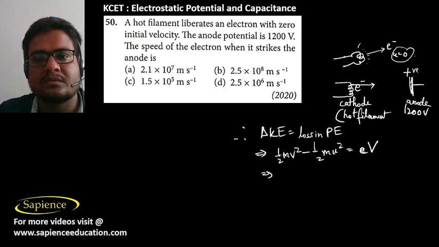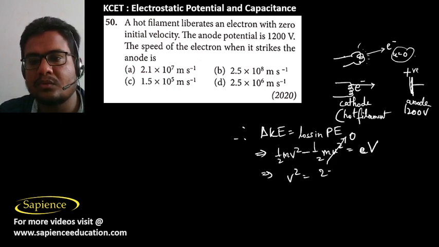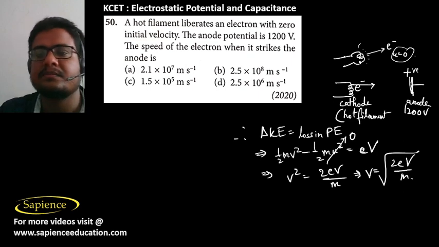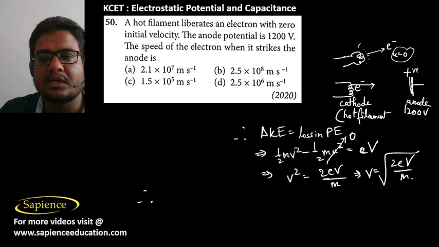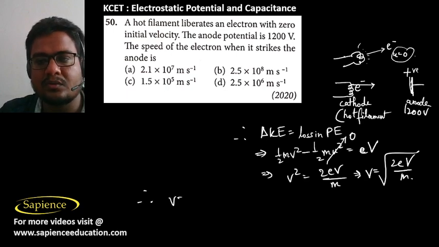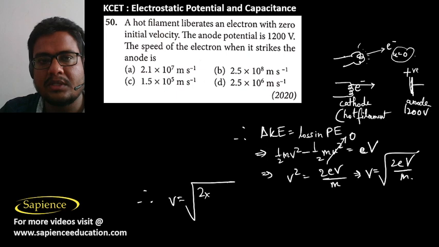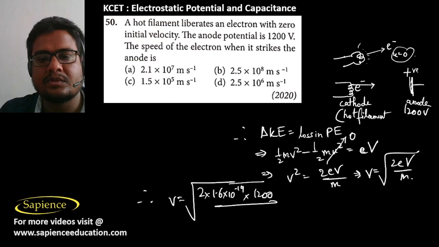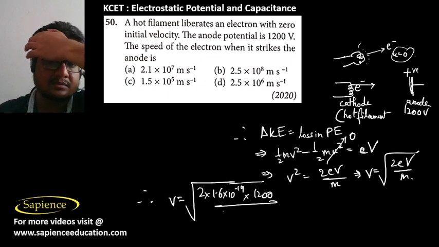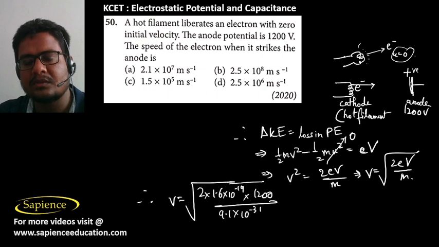Okay, so u is 0, it is told, so initial kinetic energy is 0. Therefore v square will be equal to 2eV by m. So v will be equal to root over 2eV by m. Therefore the speed of the electron when it strikes the anode will be v equal to root over 2eV by m. So e is the charge on the electron, which is 1.6 into 10 power minus 19, into V is 1200, divided by m, which is 9.1 into 10 power minus 31.